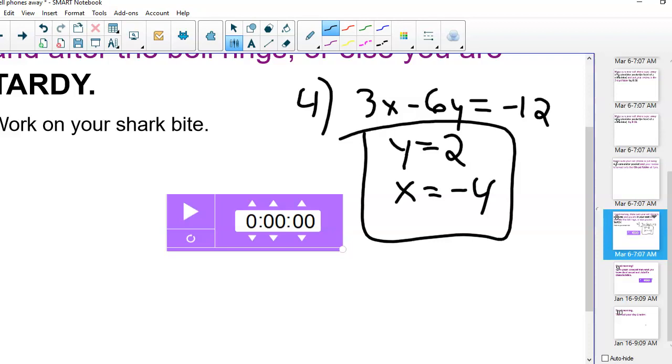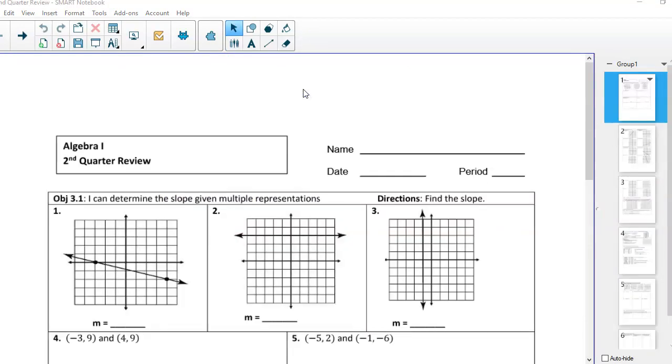Right, so make sure you have that one written down, and pass up your answer sheets. Just to refresh your memory, we are going to take this quarter test. It's going to be on the objectives: all of Unit 3, so that was finding slope, graphing lines, finding the transformations, and your line of best fit test.